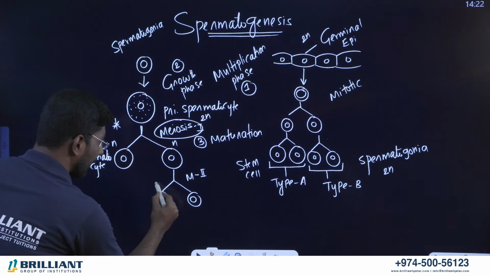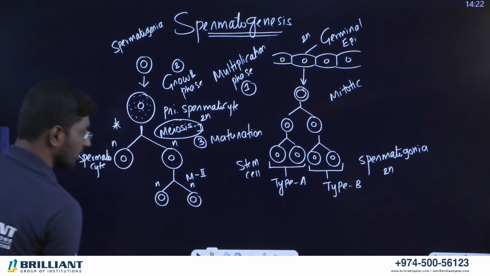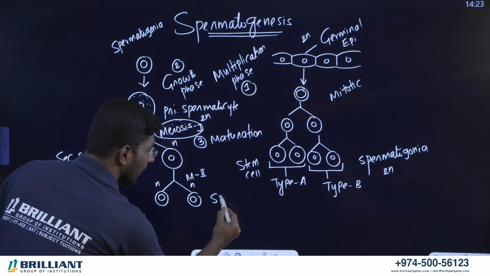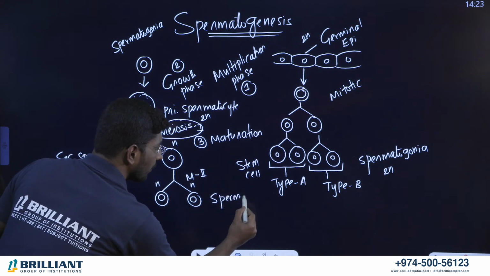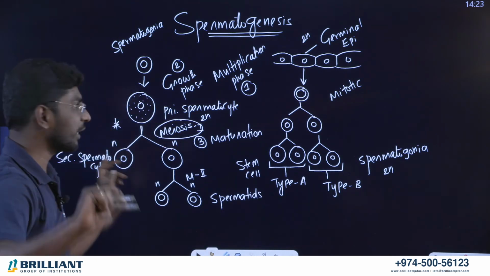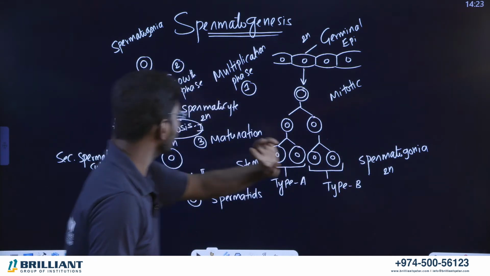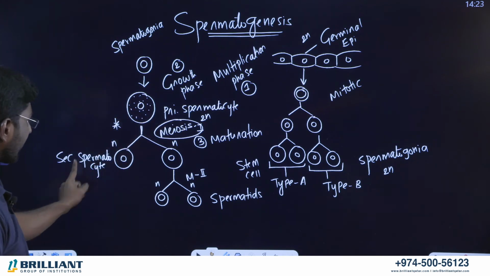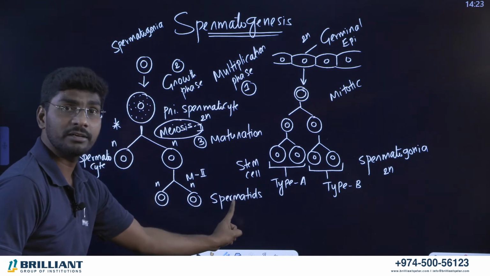So these two haploid daughter cells are known as spermatids. Don't forget the sequence: germinal epithelium, spermatogonia, primary spermatocyte, secondary spermatocyte, spermatid.